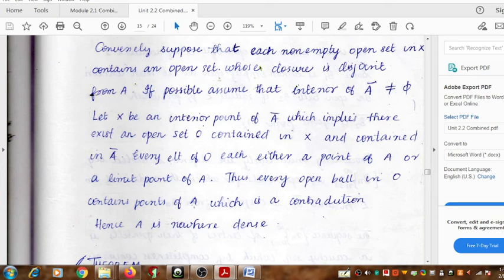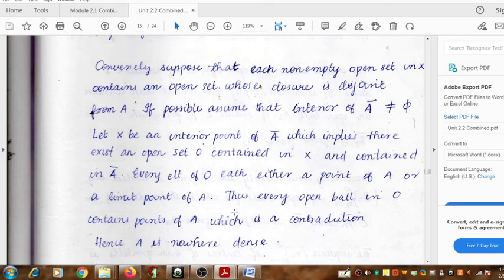In the second case also, we can say that every open ball of O contains some point of A, and thus it contradicts the assumption. What is the assumption?